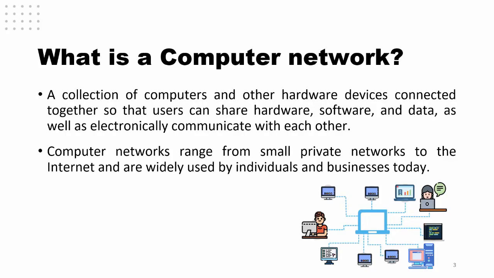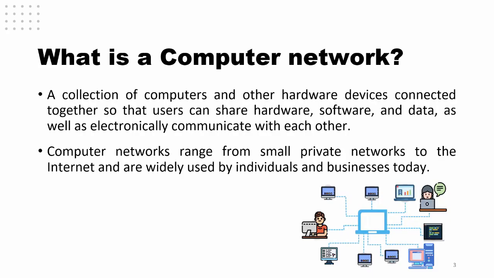In a network, you share all these resources and work together using electronic communication. So it is a collection of computers and hardware devices connected together so that users can share these resources as well as electronically communicate with each other.